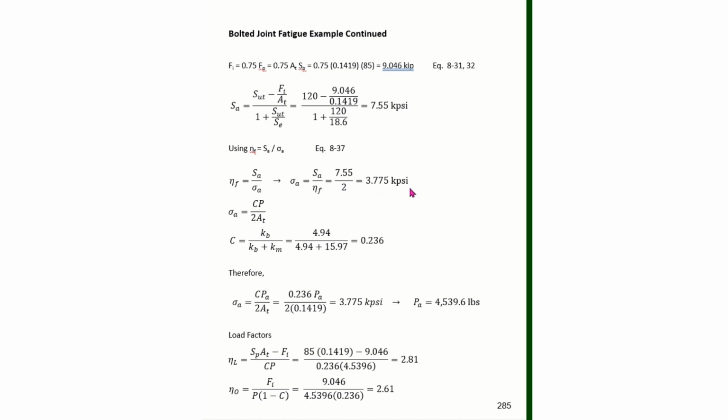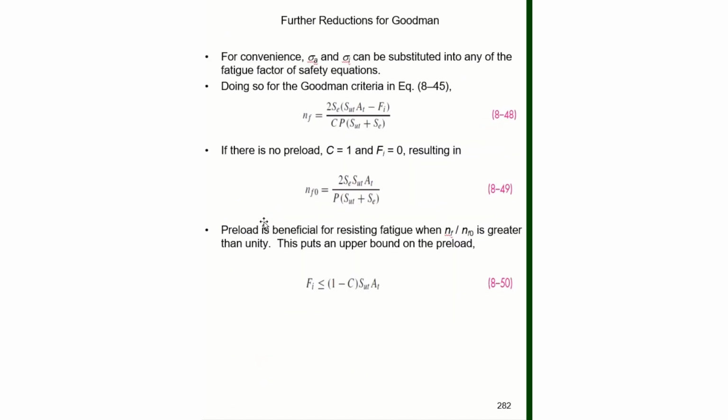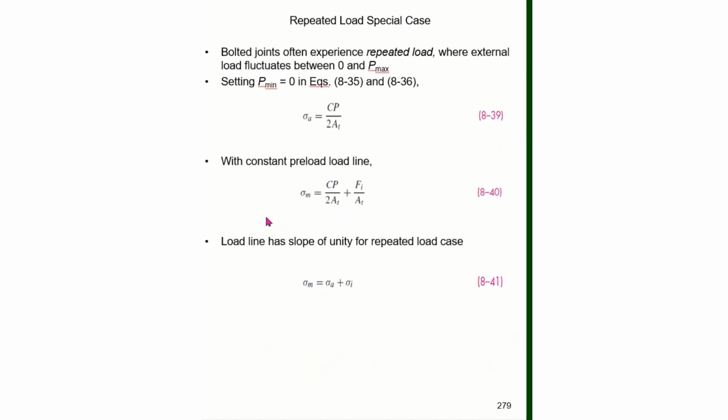Now I can use this expression here for the 0 to P max case. This expression for sigma A comes from back here on equation 8-39, page 279 in the note packet, where we are alternating between 0 and a P max.